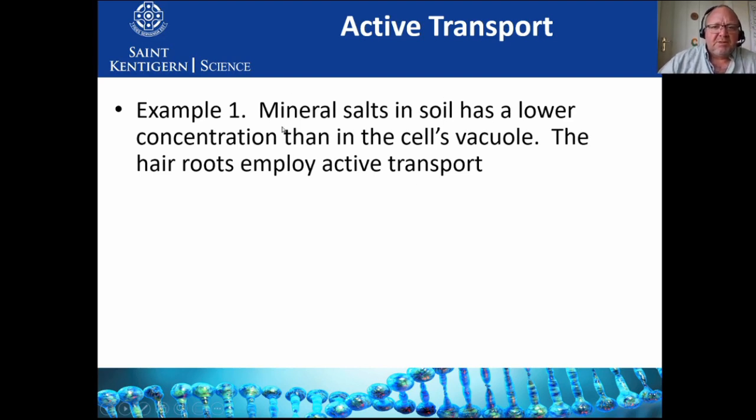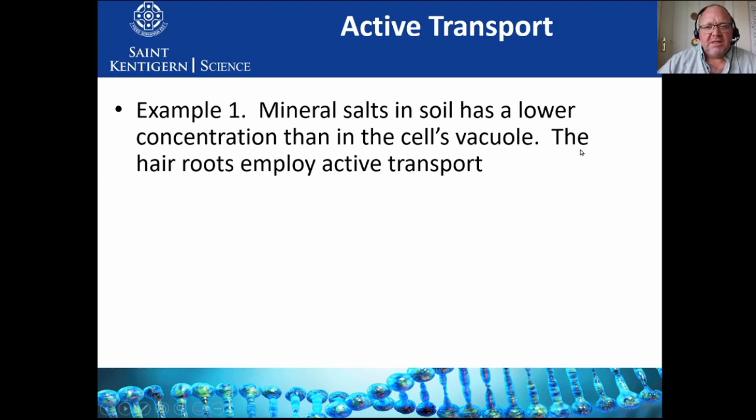Plants need to take up minerals and salts from the soil. But how do you take minerals and salt out of the soil and into your cell itself? Because the cell's vacuole is basically filled with water. So the root hair has to actively pump these salts and stuff in, into an area of already higher concentration than the outside.